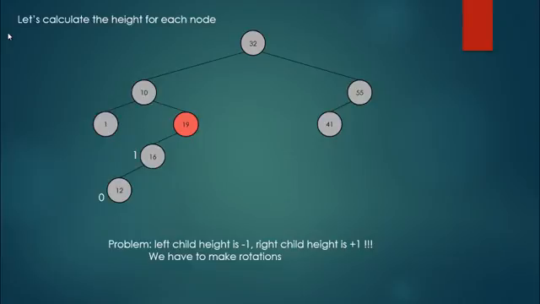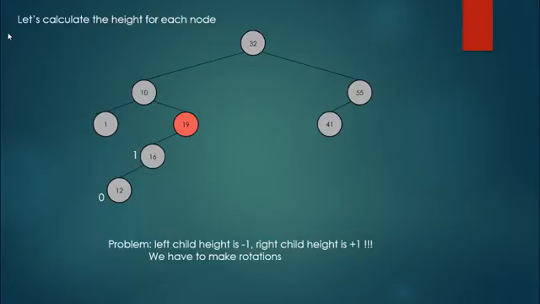And it's a problem because, sorry, not the left child, the right child, it's a typo. The left child height is +1 and the right child height is -1 because it doesn't have any right child. We assigned a -1 to it, and we come to the conclusion that the difference between 1 and -1 is greater than 1. So we have to make rotations, because that was the criterion that our tree is okay.